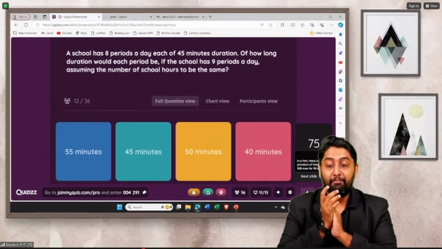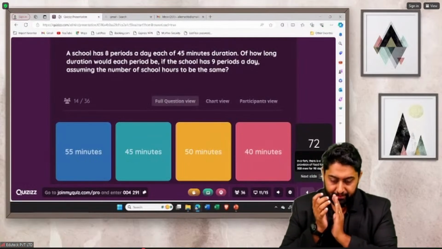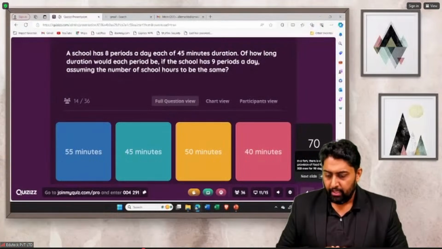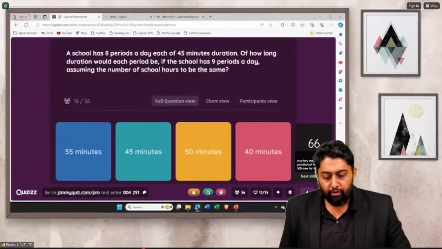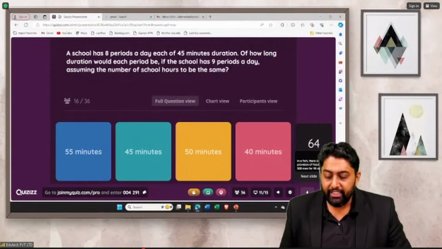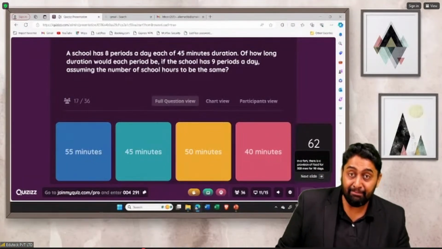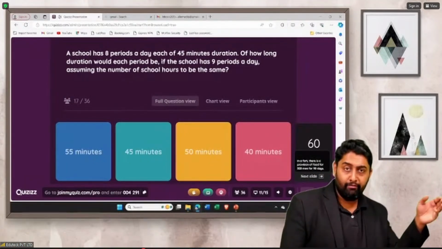11 people have already answered. Good, bachalo, good. A school has 8 periods a day, each of 45 minutes duration. Of how long duration would each period be if the school has 9 periods a day? So that means one value has increased.